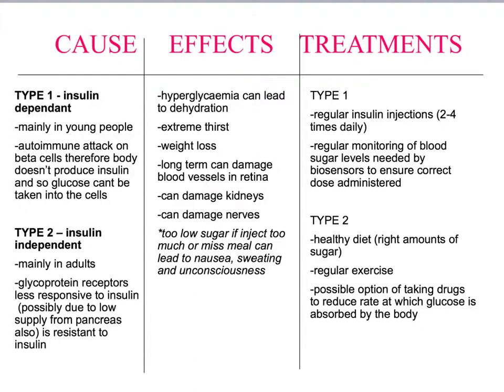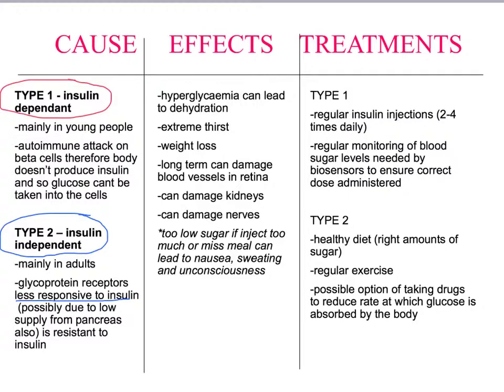In type 1, or what's called insulin dependent, which we mainly get in young people, those beta cells are actually damaged. So there is an issue with producing insulin itself. Whereas in type 2 diabetes, or insulin independent, it's not that we have a problem producing the insulin, it's just that the receptors have become less responsive to that insulin.